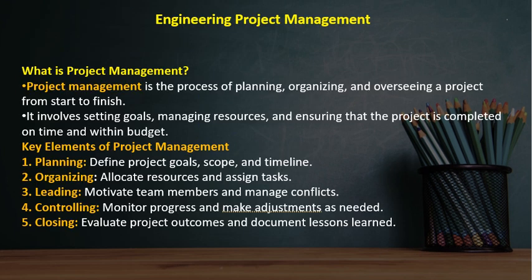Now we come to project management. I told you project management in civil engineering is normally up to what stage? Construction. But I told you a project does not finish at construction. We have communication, we have maintenance, management going on. What is project management? It involves three main things: planning, organizing, and monitoring.